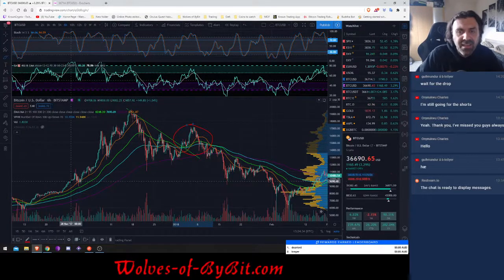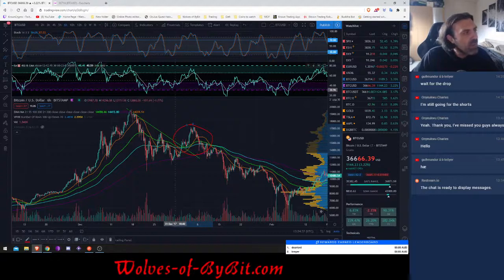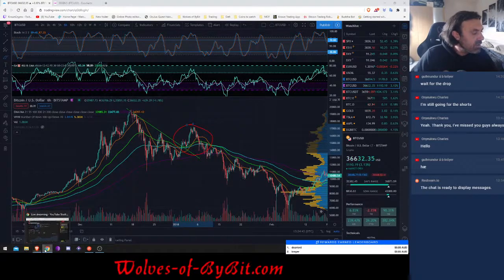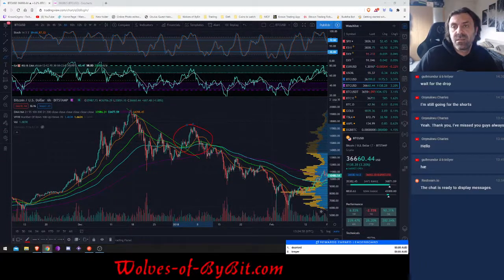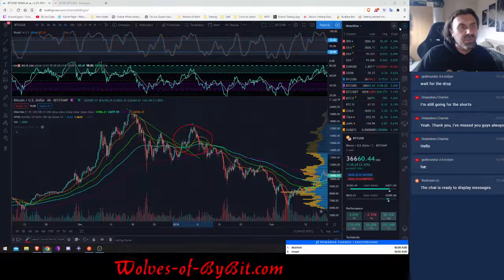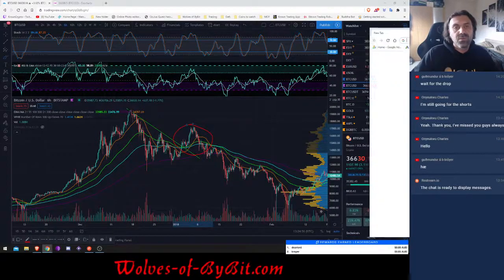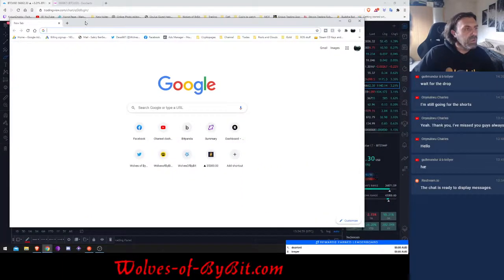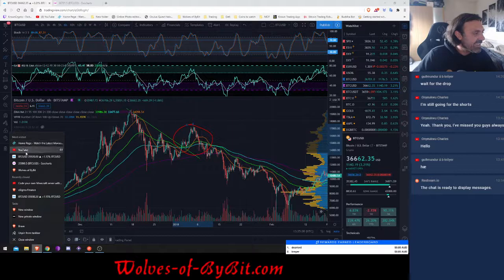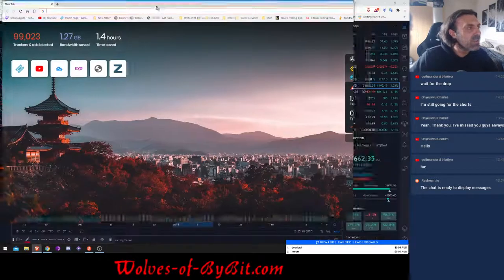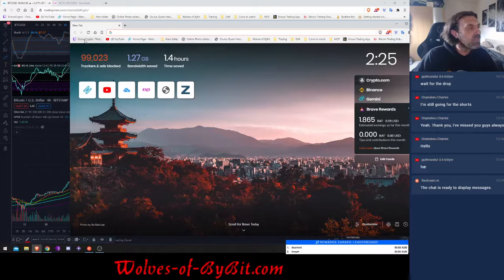It's sad that I cannot overlap my screens. Oh, wait, maybe I can. Let me try something. New window, like this. Going to move this over here. No, that's not the one that I wanted. So new window. Here we go.